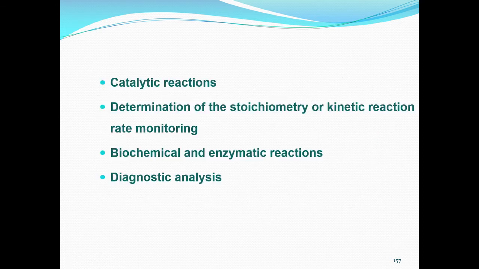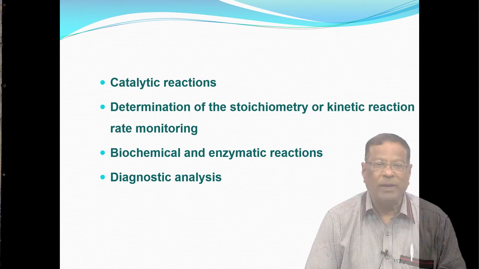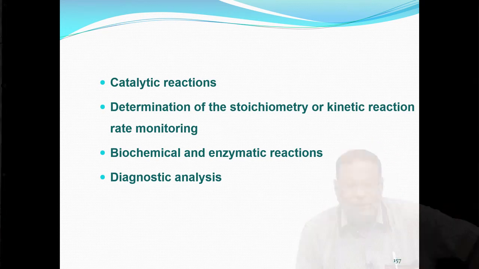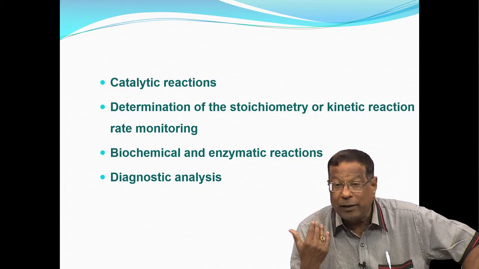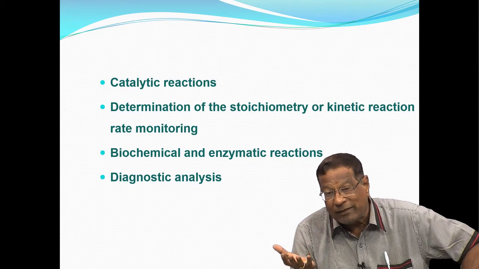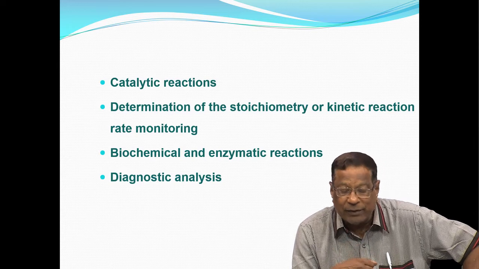Now, what type of reactions can we follow using spectrophotometry? One is catalytic reactions. Number 2 is determination of stoichiometry. I can find out if there is a colored compound being formed in a chemical reaction. I can determine the composition, how much of the metal is there, how much of the organic compound is there.